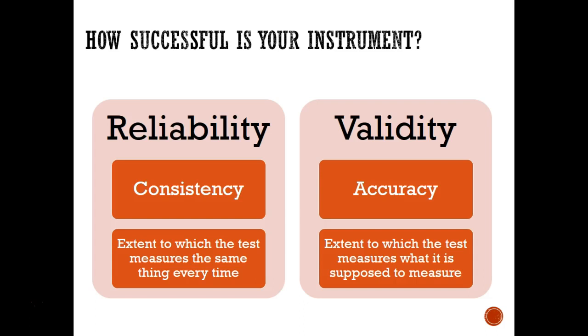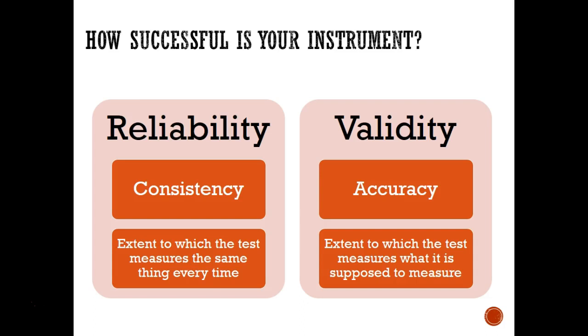Okay, next we're going to move on to the notion of reliability and validity. Those of you that have more of a scientific background may have heard the term the psychometric properties of the instrument, and it's really talking about how consistent or reliable are the items in the survey, and then how accurate are they.